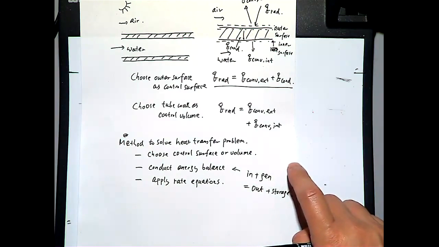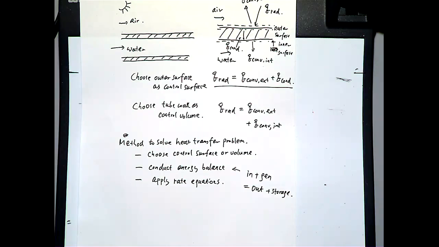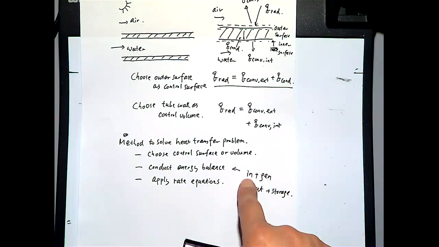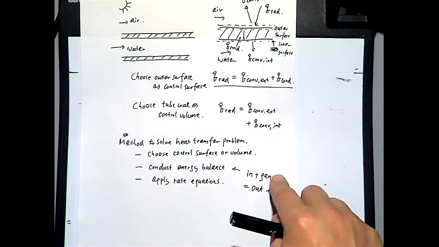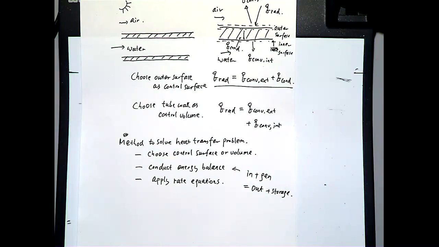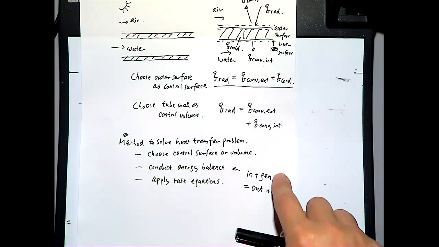And later on, in the next subject, if we study chemical reactions, you can apply this to the species. So the things coming in plus things generated within your control body, this term often is zero unless the problem specifically says it's not zero.